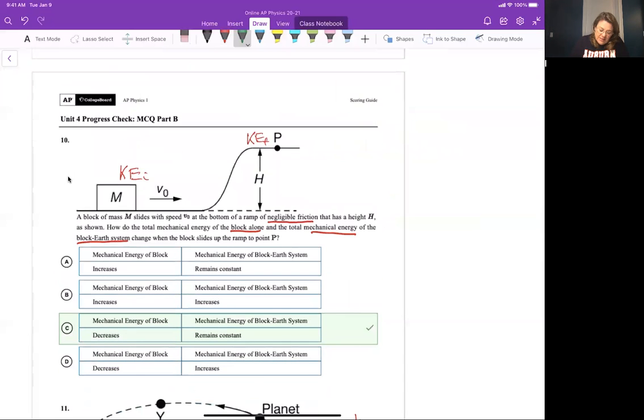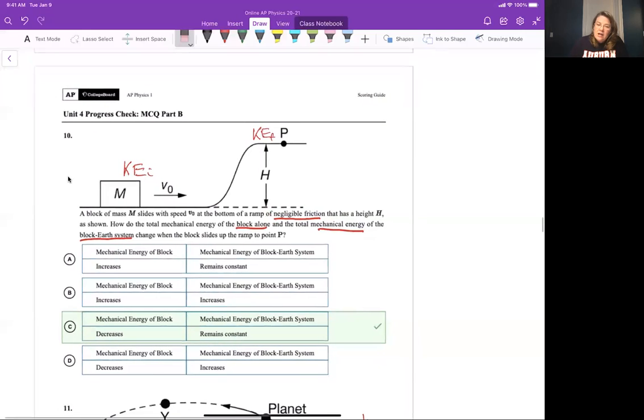The block of mass M slides with an initial speed at the bottom of the ramp. This has negligible friction such that it goes up the ramp up to H1. How does the mechanical energy, now we're going to define the system differently, of the block alone, mechanical energy of the block alone.